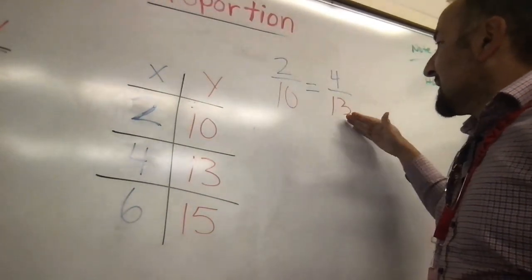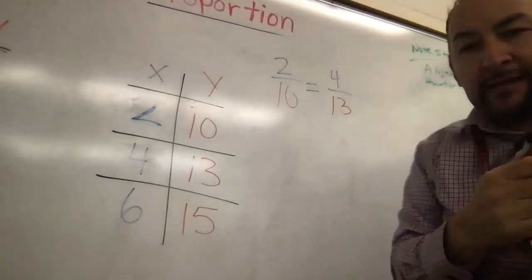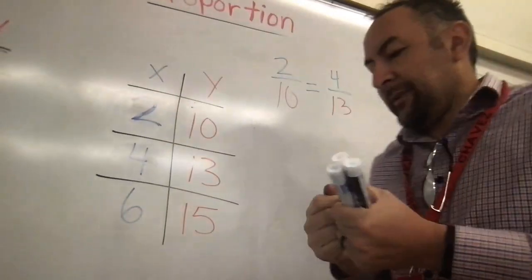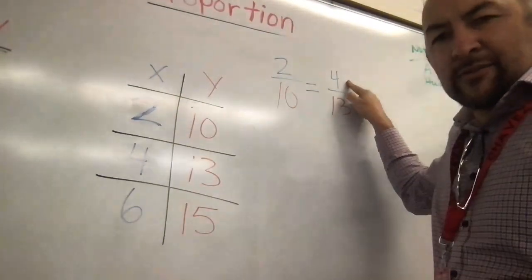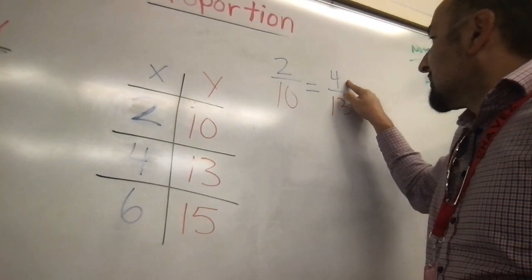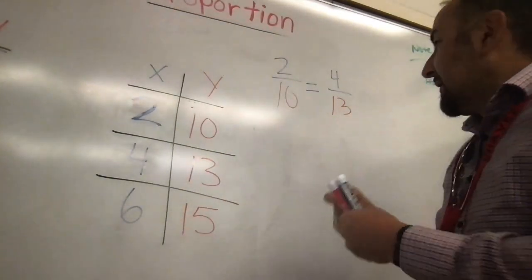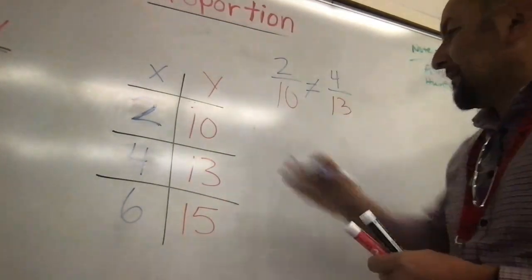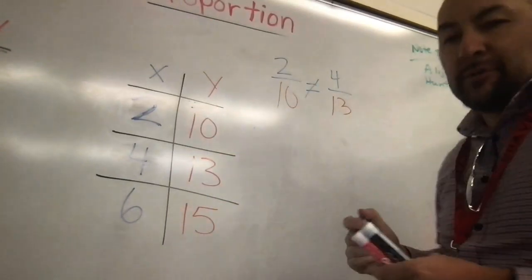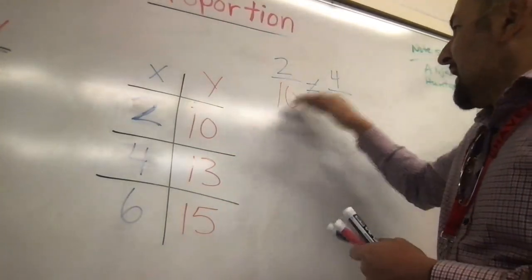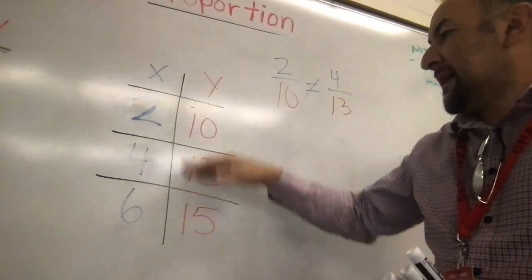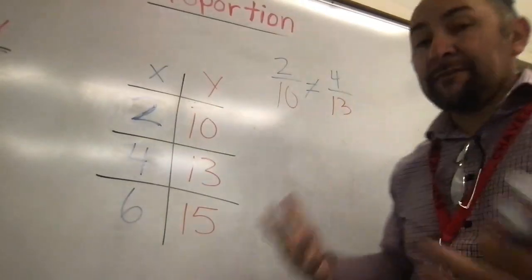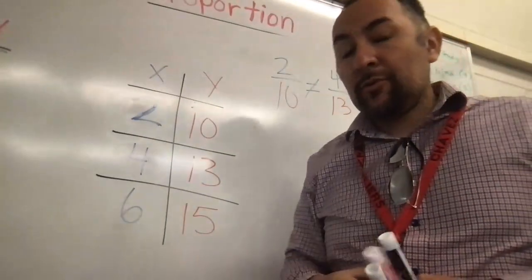So I go 26 divided by 10. I find out it's 2.6. Hey, that doesn't say 2.6. So then this is not proportional. That's a lie. I'm getting ripped off. That is not proportional. So this is how you set up these tables, how you set up the proportions to find out if they're actually proportional or not.